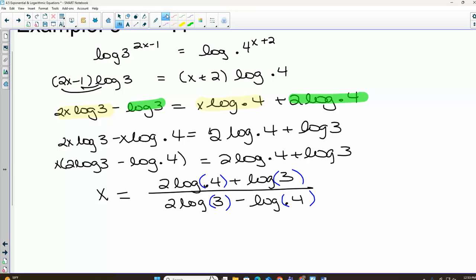Why does it go on the bottom? Because we divided it. It's x times that parentheses, so we're just dividing that parentheses. This is what I have on top of my fraction up there. And then you divide it.